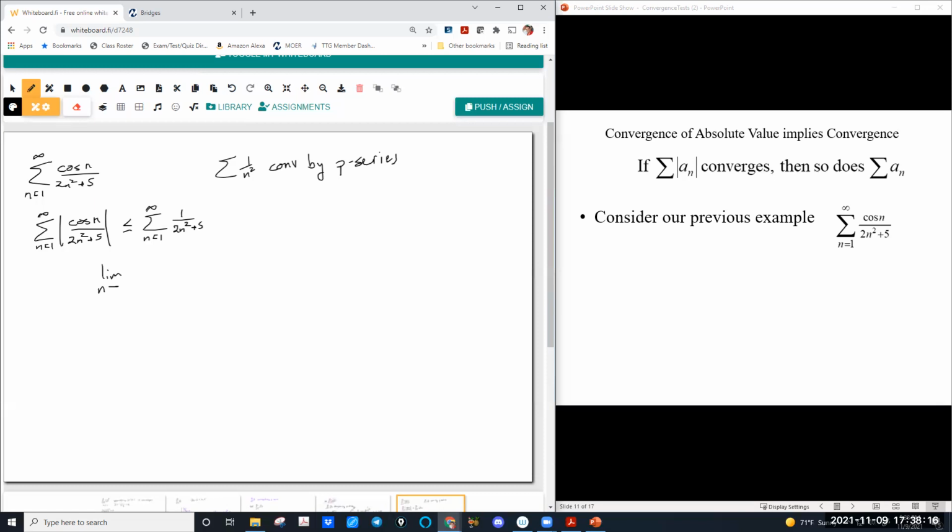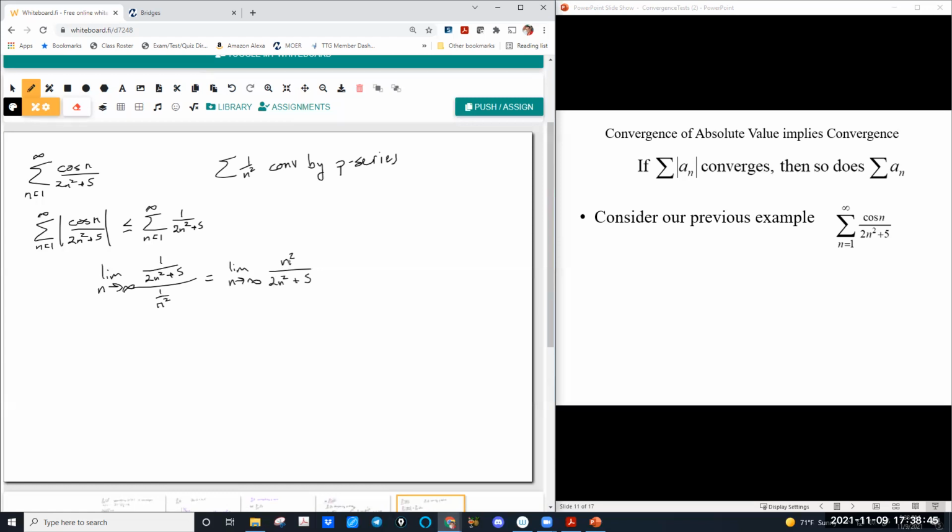The limit as n goes to infinity of 1 over 2n squared plus 5 over 1 over n squared. Flip and multiply to recalculate our limit. So we end up with n squared over 2n squared plus 5.